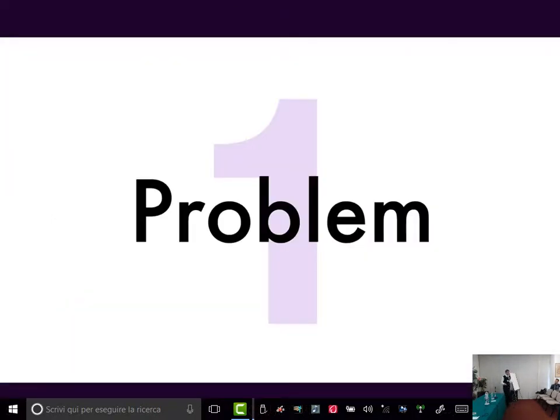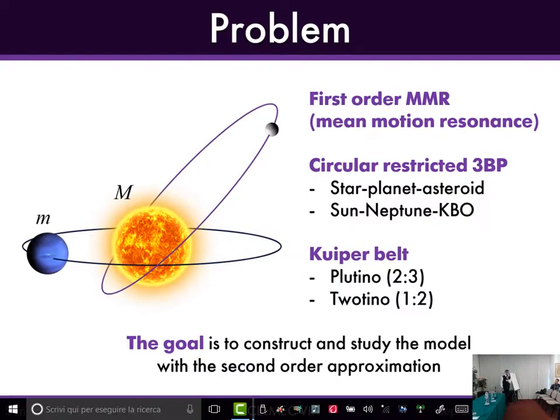So here's the problem. We consider the circular restricted three-body problem, which contains the star, planet, and some minor body, or the asteroid.